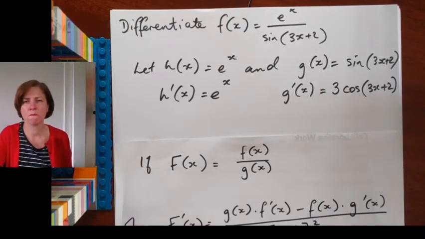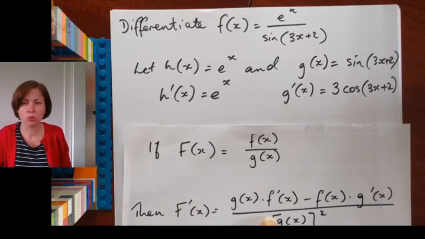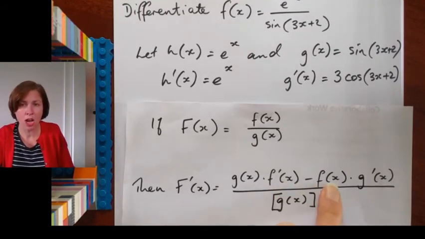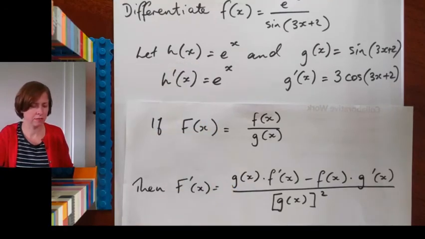Okay, now all I need to do is rewrite this rule, but being careful to replace f of x each time with what I've used here, which is h of x for my numerator.